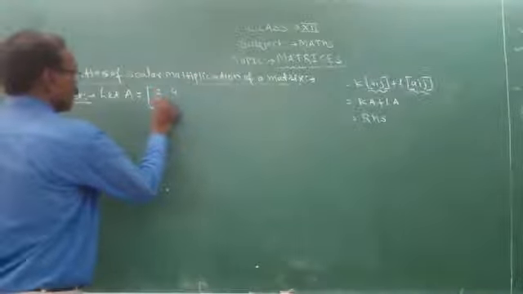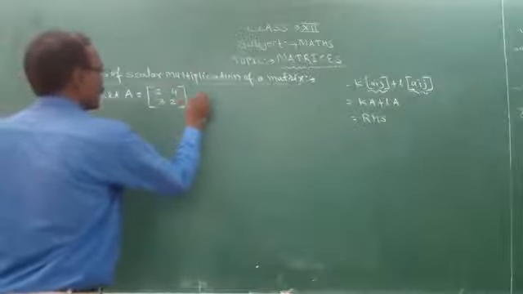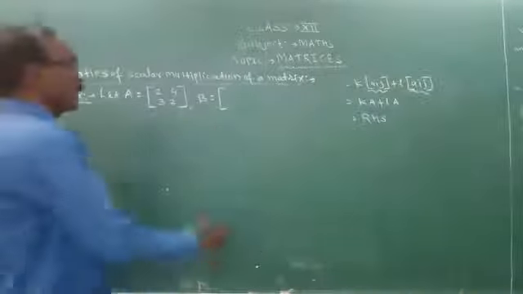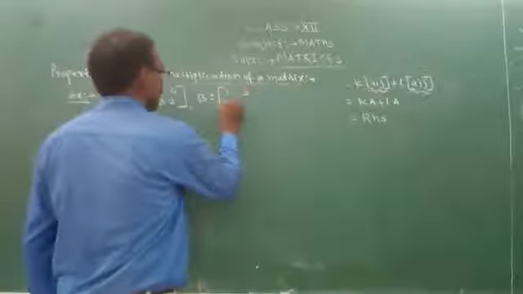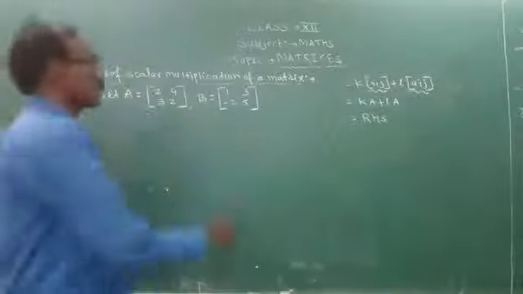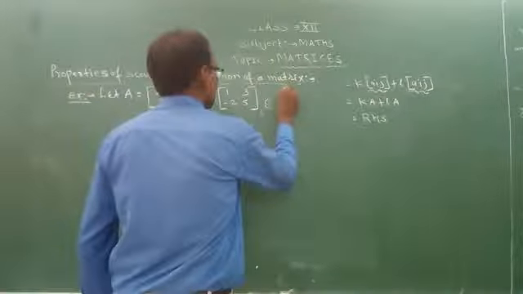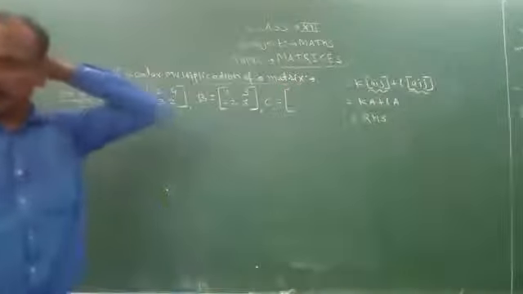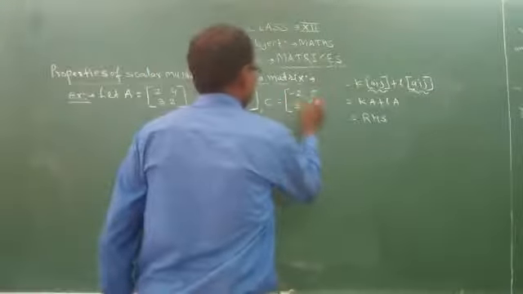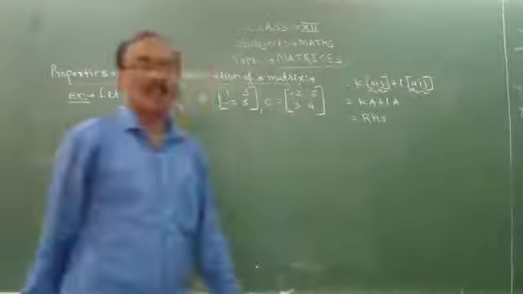And capital B you take 1, 3, minus 2, 5. And C also, you take C equals minus 2, 5, 3, 4. I have these three matrices.